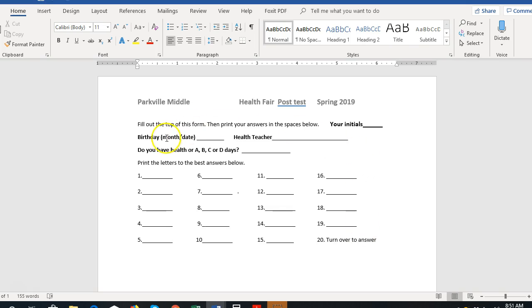You put the identifier, which is the health teacher's name, and what day of the week it is, or whatever other identifier I give you. You then jot down, going down the left-hand column of your paper, the birthday, month, and date. And if you need the initials, these are the students' initials up here.